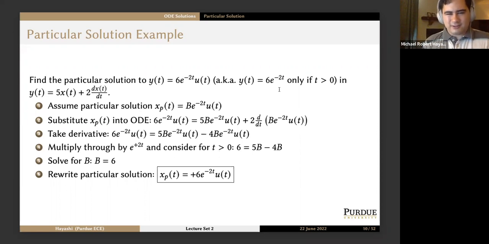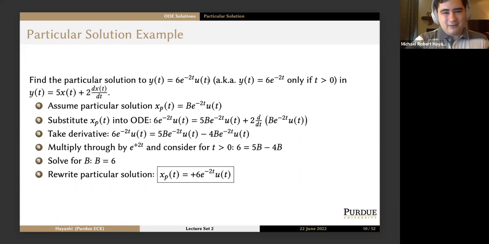So we assume the particular solution. Unfortunately, unlike the homogeneous solution where we could use the characteristic polynomial and there's shortcuts, we don't get around that with the particular solution. So we have to do things the sort of hard way. There really isn't a quick alternative.